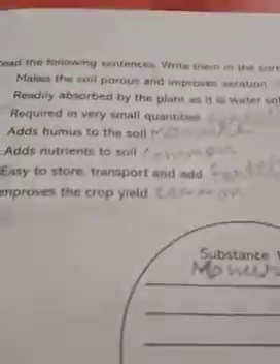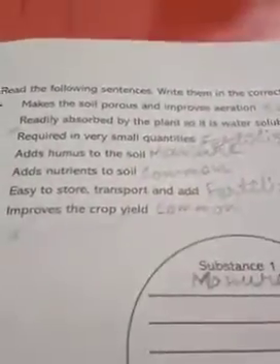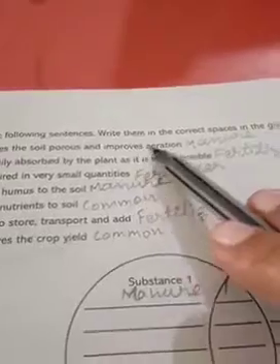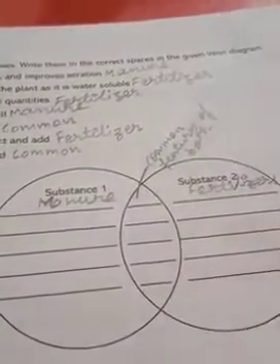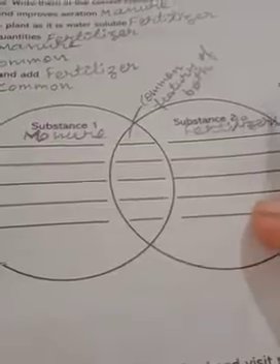Now you have to read the following sentences, then write them in the correct space in the given Venn diagram. In the Venn diagram we see the specific role of substance 2, fertilizer, the specific role of manure, and what is common in both.